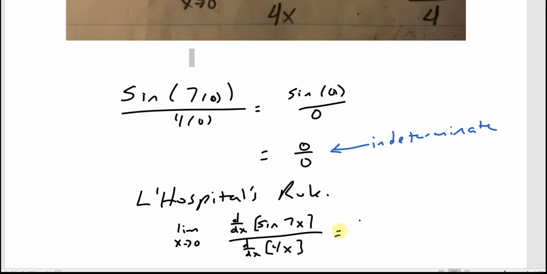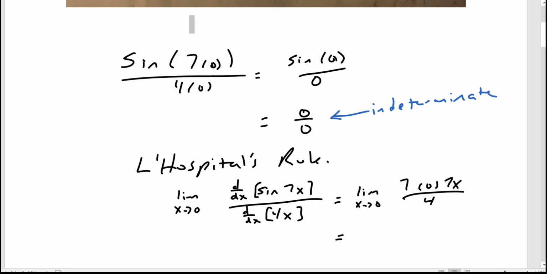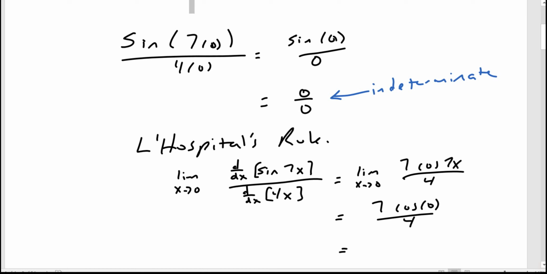The derivative of sine of 7x is 7 cosine of 7x. The derivative of 4x is just 4. If I evaluate that at 0, we get 7 times cosine of 0 over 4, but cosine of 0 is equal to 1, so that is just 7/4.